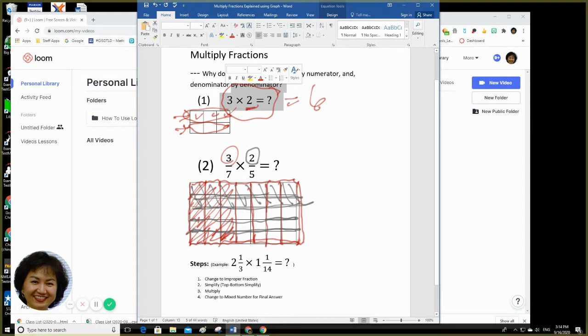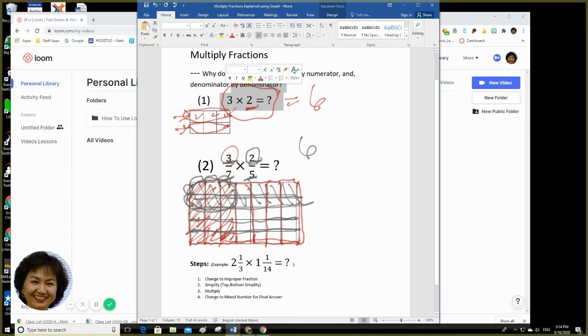So now look at this picture. This double shaded area is exactly our numerator times numerator. You can see 3 times 2. That is 6. And this whole box is now cut into 35 equal parts. Where does 35 come from? That's this 7 times 5.